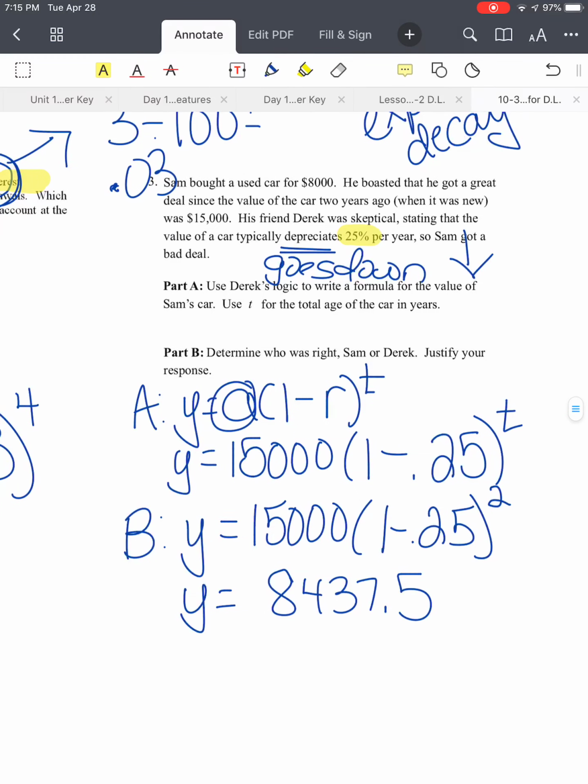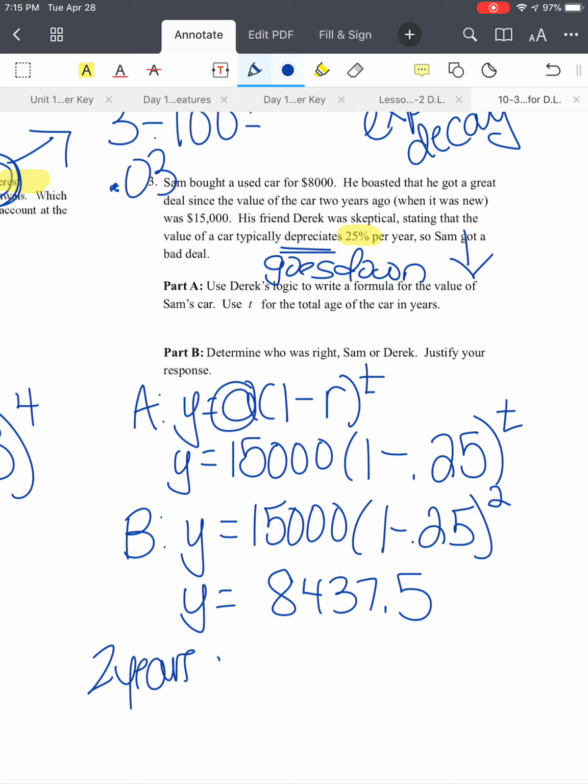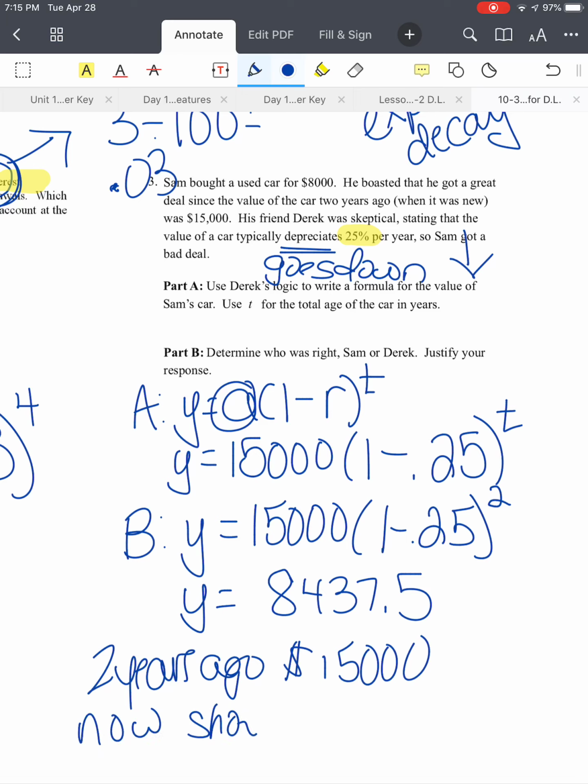Sam, before he had the car, 2 years ago when it was new, it was worth $15,000. Okay, according to Derek's claim, now it should be worth $8,437.50.